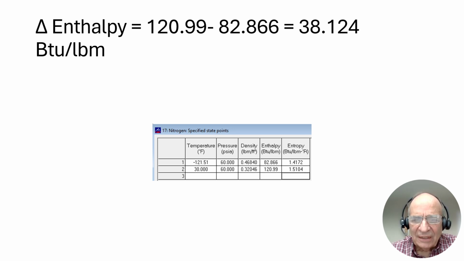We put the inlet conditions to the chiller in here, the pressure and temperature. Those are two intensive properties. And we put the outlet conditions here, which are two intensive properties. And the rest of the rows populate. We look at the delta enthalpy as shown here, and that gives us the 38.12.